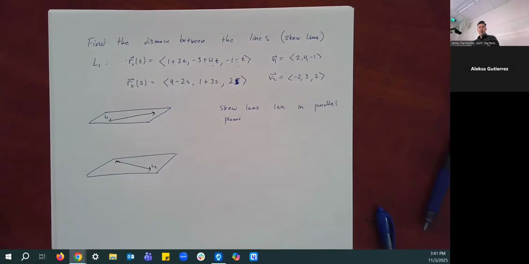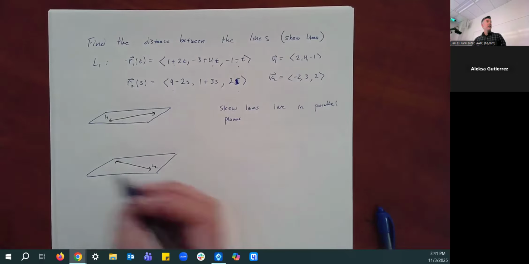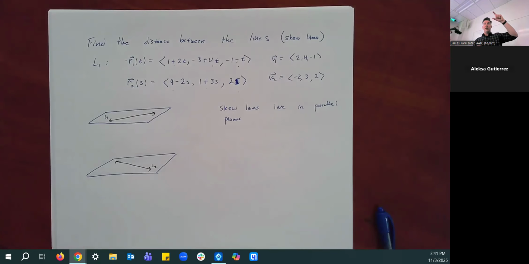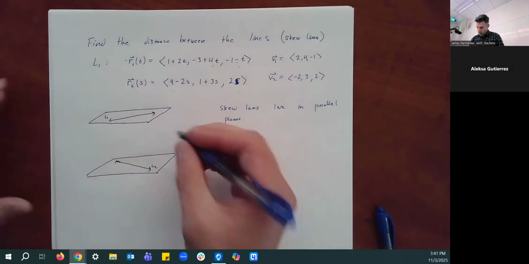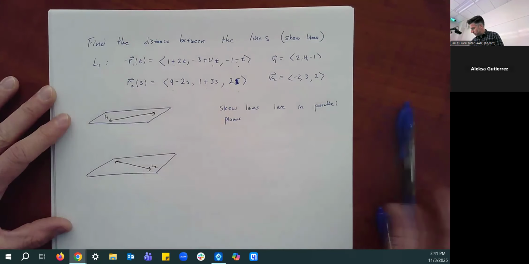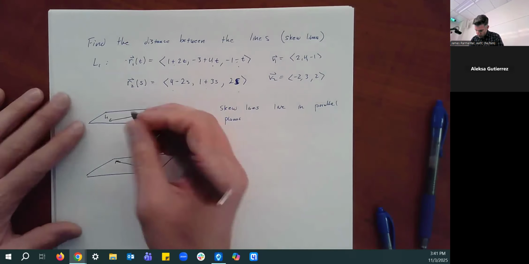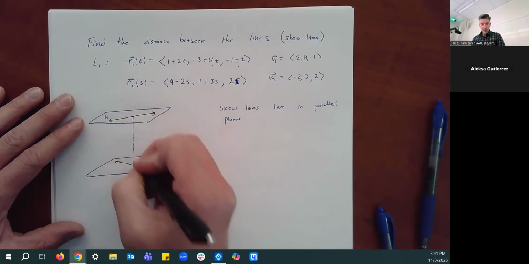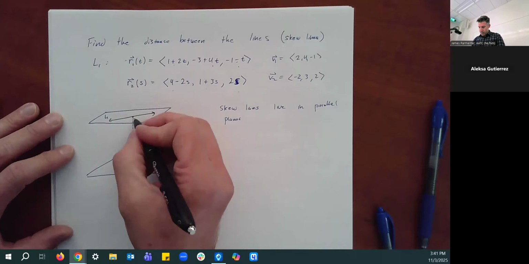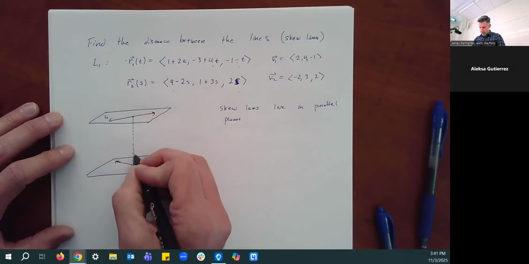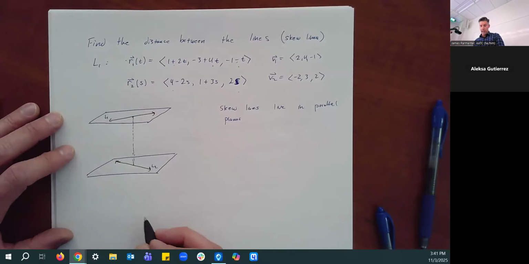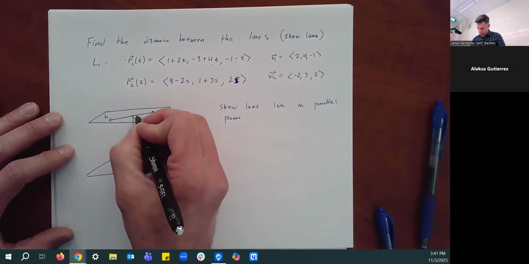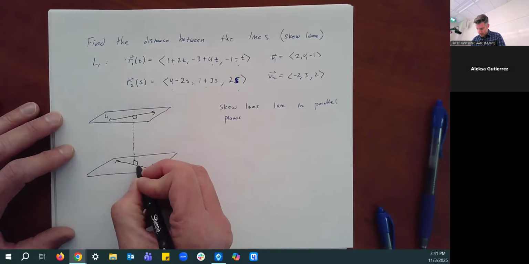So here's what's going to happen. There is some point between these two lines that is the closest point. And it's going to be maybe like, say, draw this in green here. It's like right there. And what's interesting here is that this line segment connecting these two lines has to be perpendicular to both of these lines.